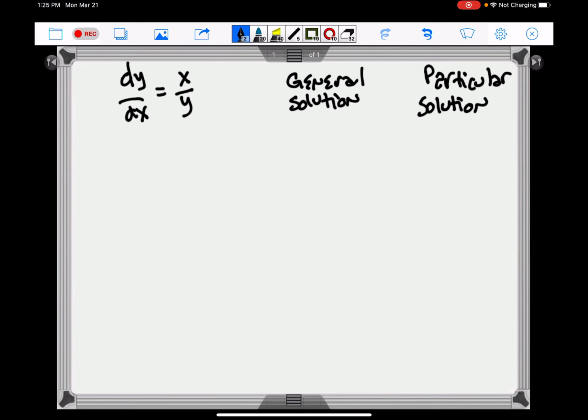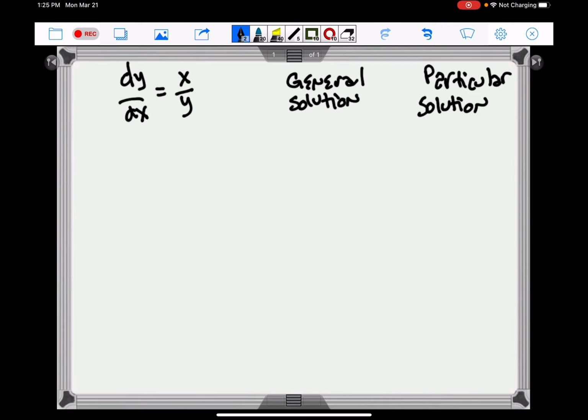Those are the ones where I am given more information about the original graph, like an initial condition point, and I can actually find what C is and find the specific answer that I'm looking for. Does that make sense? Okay, so general will still have the plus C. It represents an infinite number of possibilities. Particular means I have maybe more information and I can find a specific answer. So there's no more C, okay?